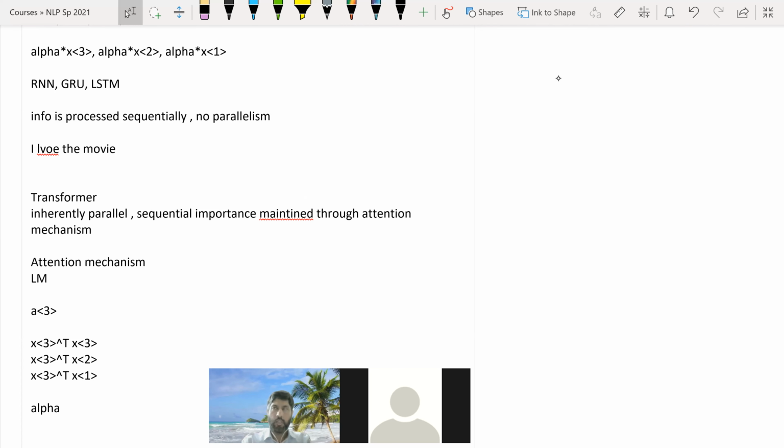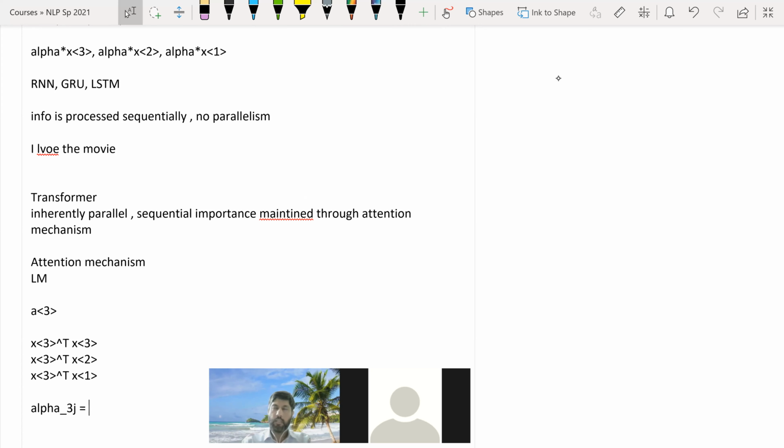And now I use the notation: we are talking about 3 because we are talking about the alpha for the output at time step 3, and for the previous ones I write j. So that is the notation.